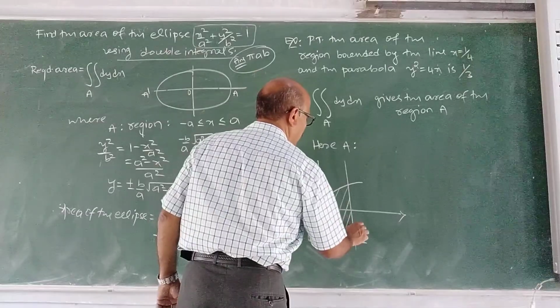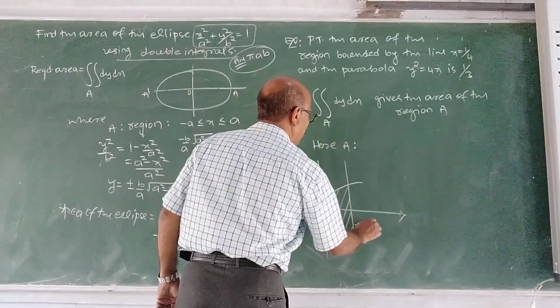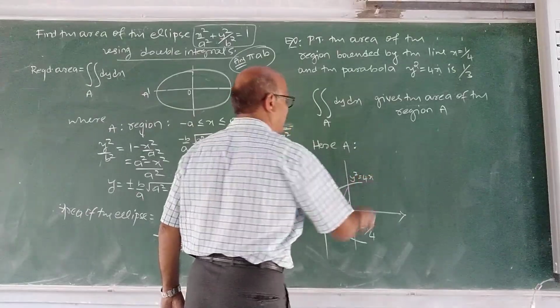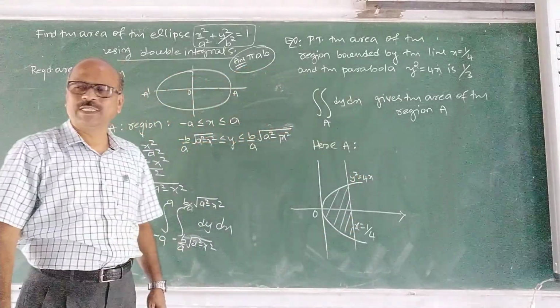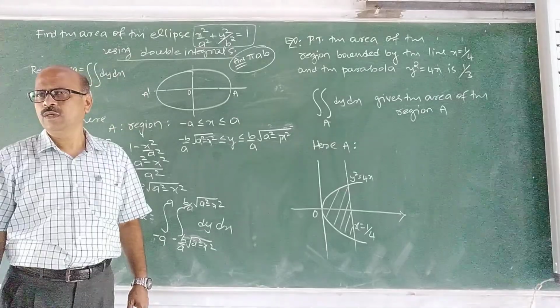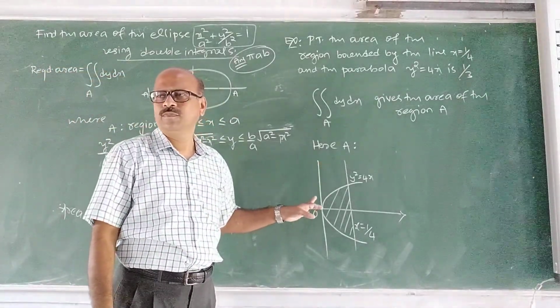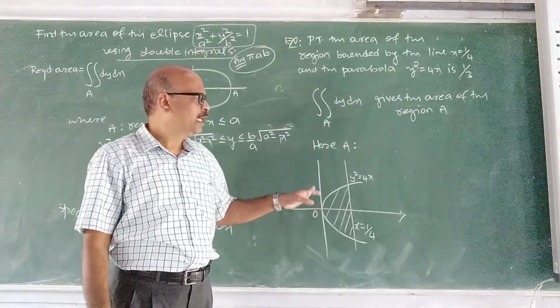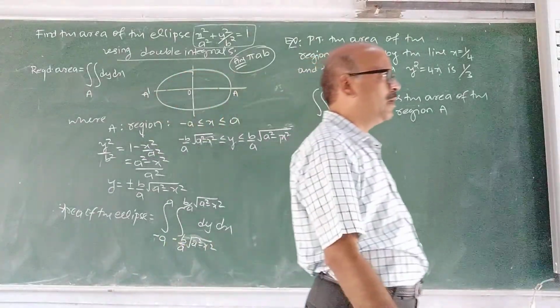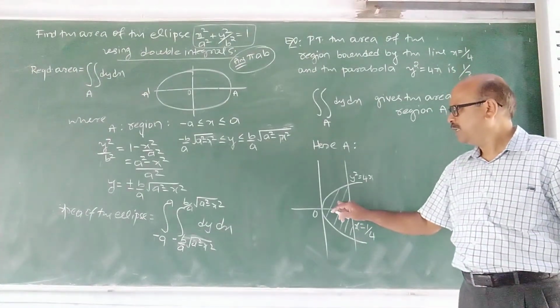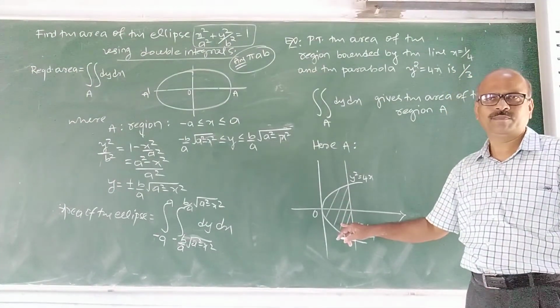This is x = 1/4, and the equation of the parabola is y² = 4x. So, what is the region A? You have to express the region in terms of inequalities, where x and y satisfy and lie in this region.